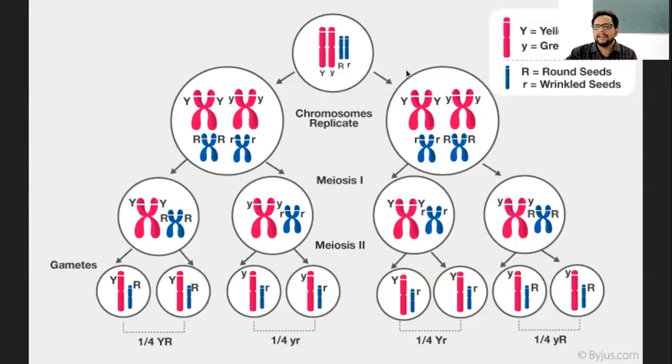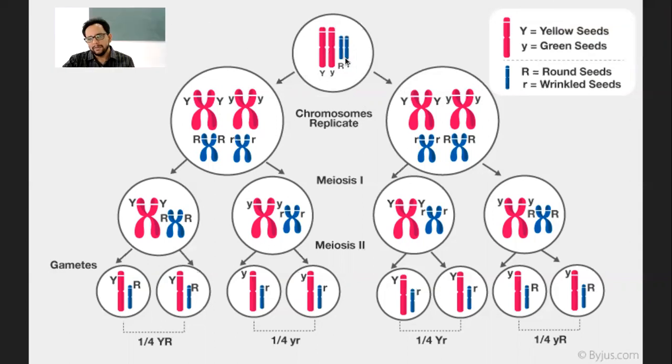But let's take a simple example of a dihybrid cross, where you have these individuals, capital Y, capital R, and small r. There will be two possibilities in gamete formation when these are crossed. What are these characters referring to?